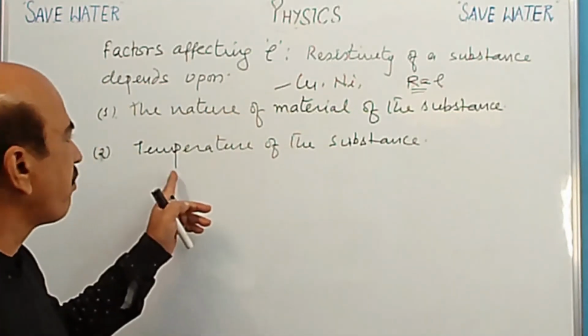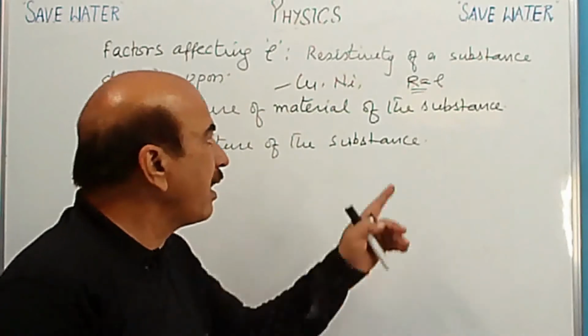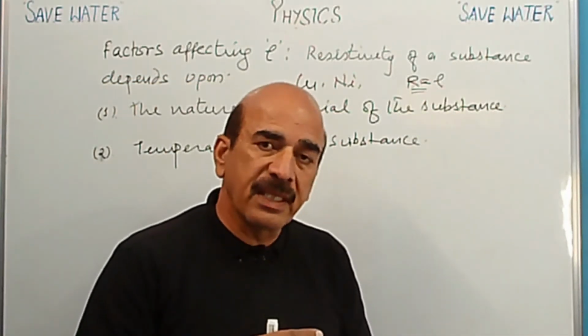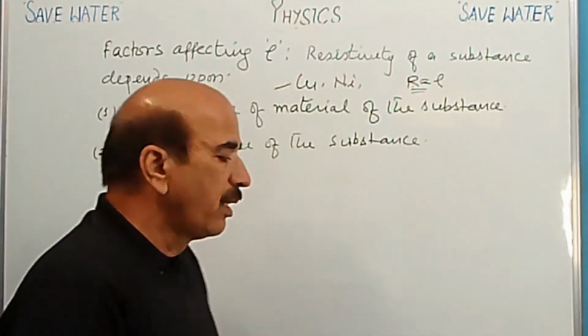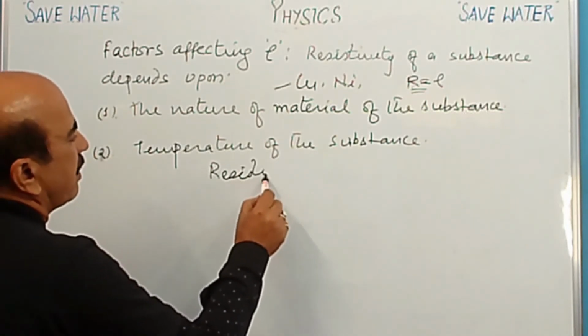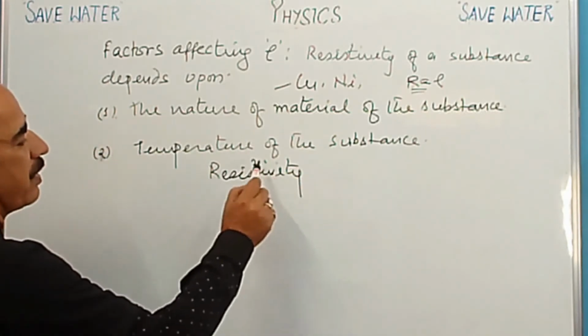Now next is the temperature of the substance. How is it related? As we have discussed, resistance increases with increase in temperature. In the same way, resistivity is also dependent on temperature.